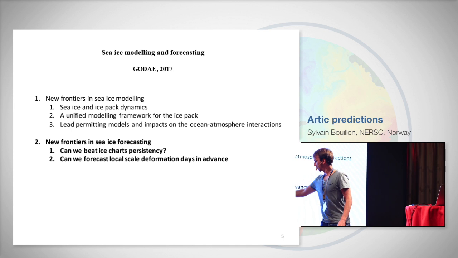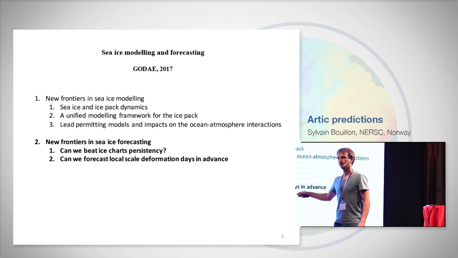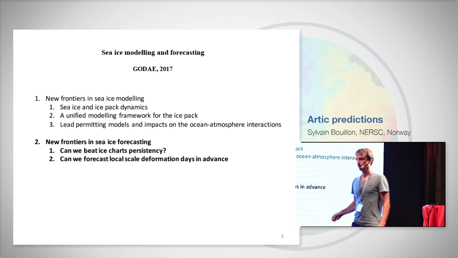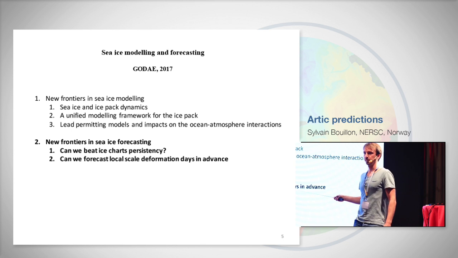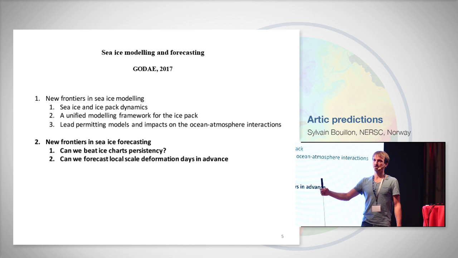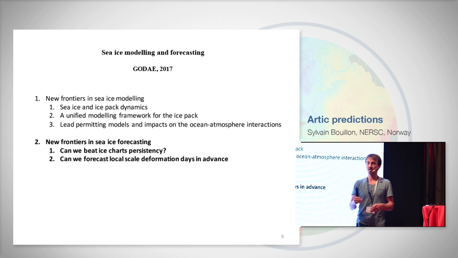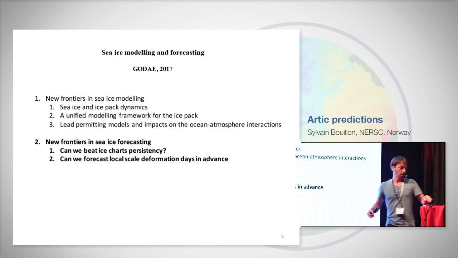And also, we need to convince them that we can forecast local deformation a few days in advance. So if you have a SAR image, there is often a few days of delay. So it's an image of the past.